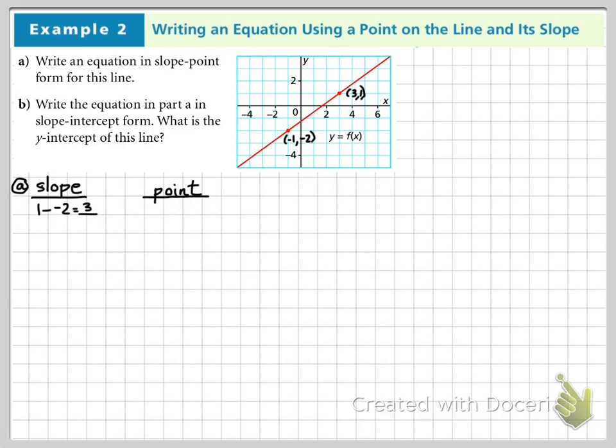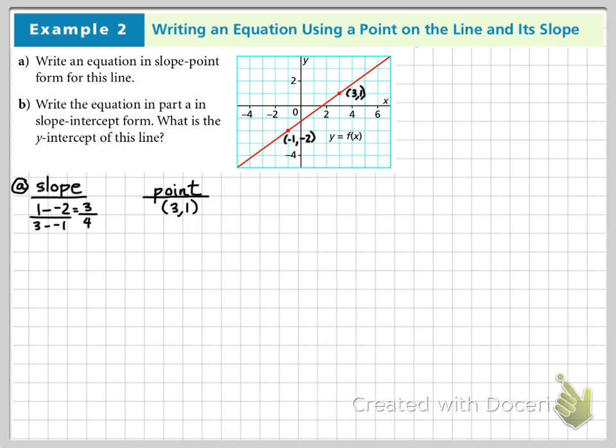The slope has to be y2 minus y1 over x2 minus x1, which is 1 minus (-2) over 3 minus (-1), which is 3 over 4. So the slope is 3 over 4. A point, we can use either point. I'm going to use (3, 1) since it's positive.